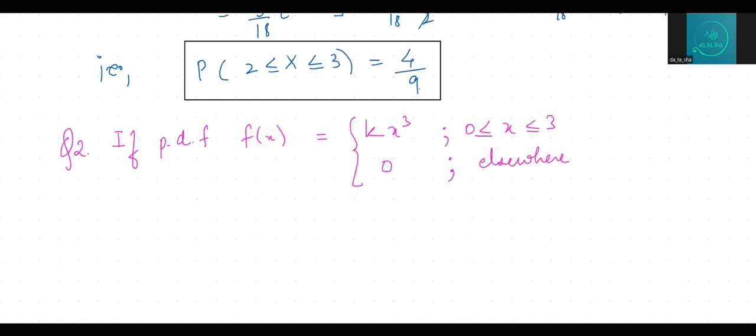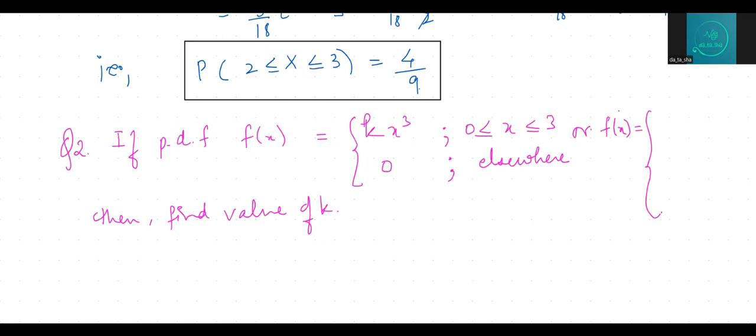So this is the PDF. Then find the value of k. That's very easy and simple to find. Now, what does this mean, 0 elsewhere? This is equivalent to saying that f(x) is equal to kx cube whenever x is lying between 0 to 3. What about when x is less than 0?